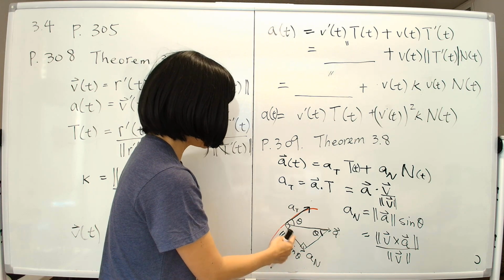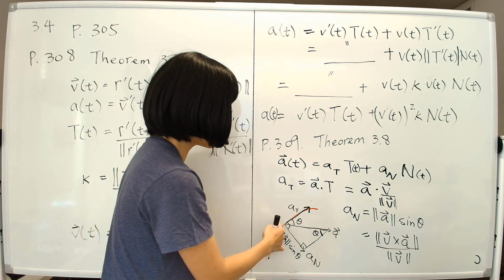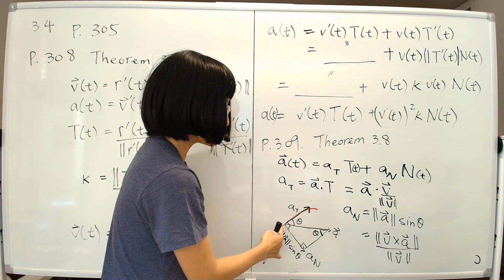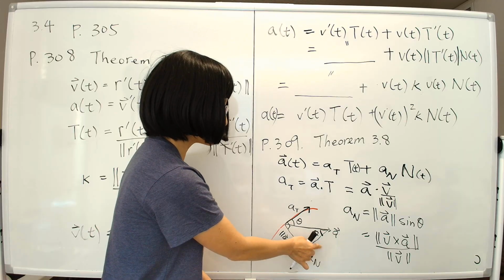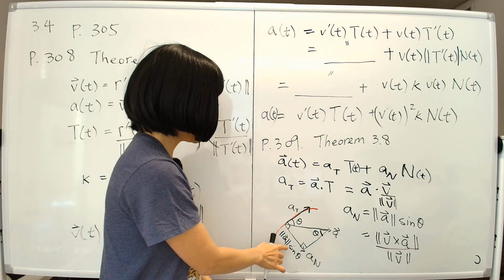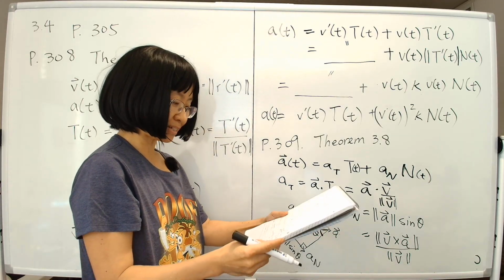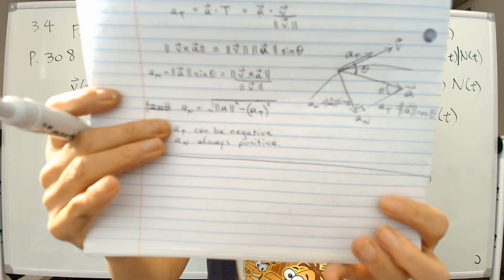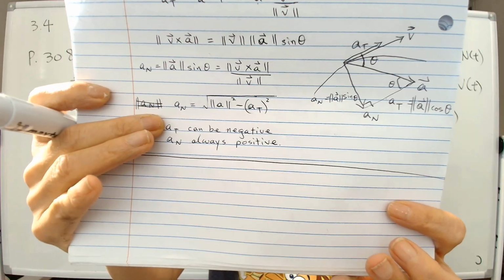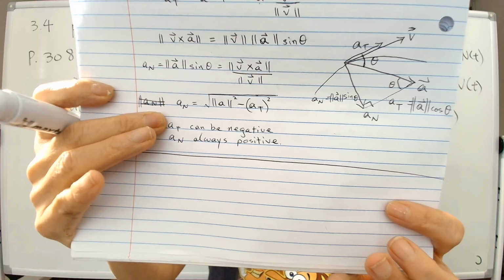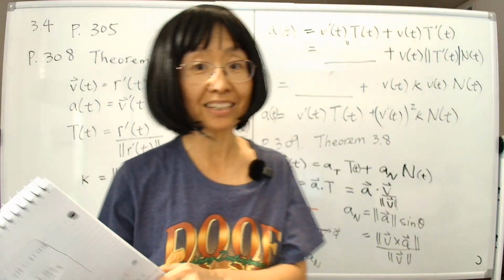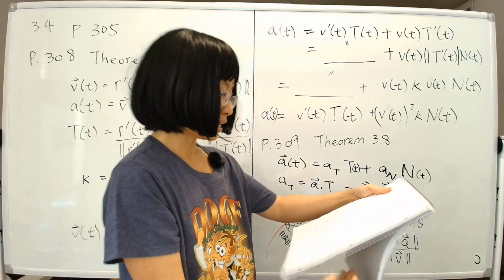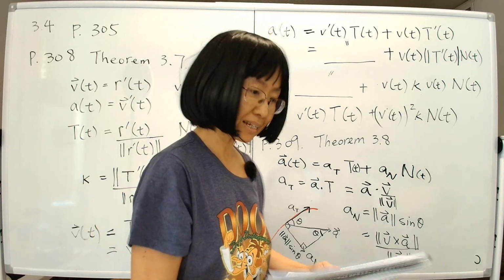So AN is equal to the square root of the magnitude of A squared minus the magnitude of AT squared. That's where the second formula in your book comes in. AN equals the square root of the hypotenuse squared minus one side squared, AN being the other side of the right angle triangle. So that's how theorem 3.8 is demonstrated.